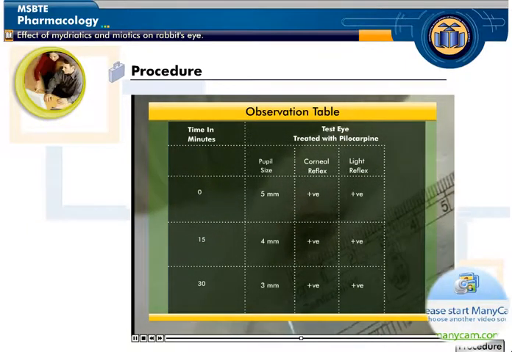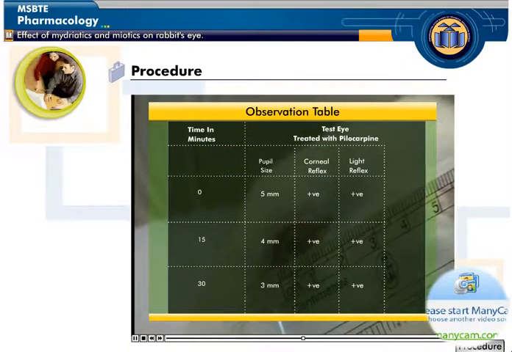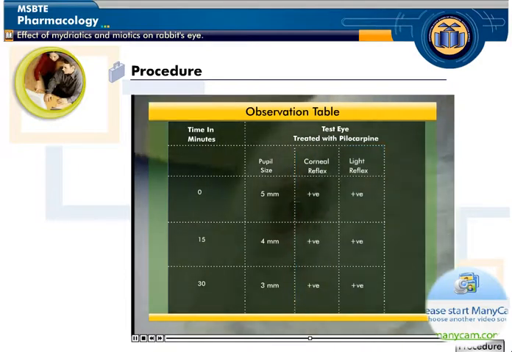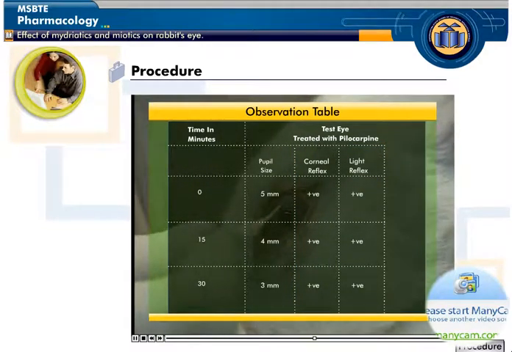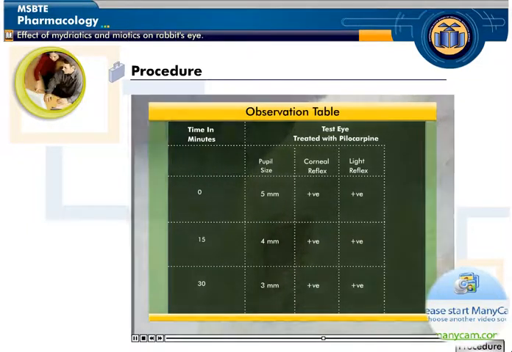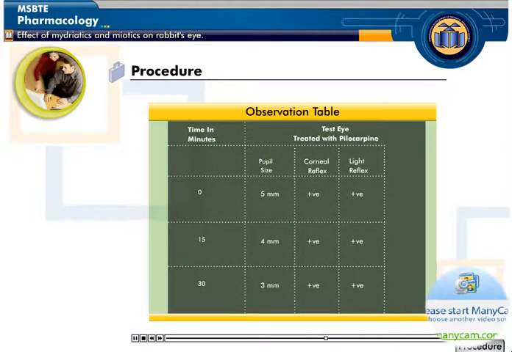You will observe that the pupil size of the test eye decreases as compared to that of the control eye. Also note the unchanged pupil size in the control eye throughout the experiment, along with the presence of corneal reflex and light reflex.